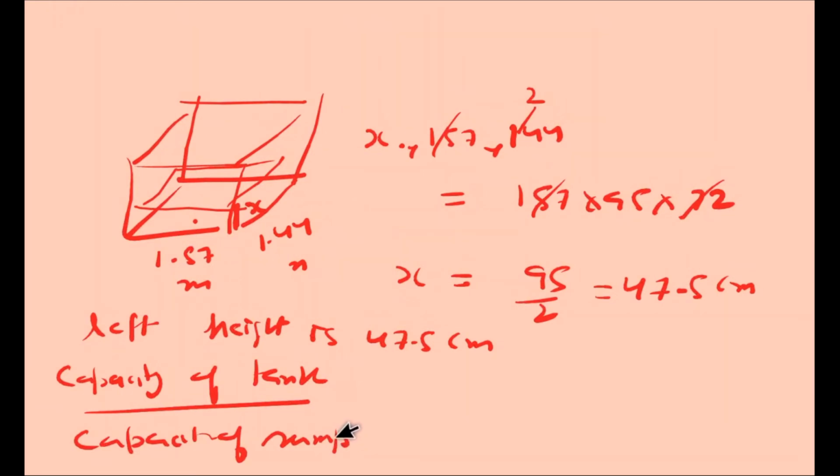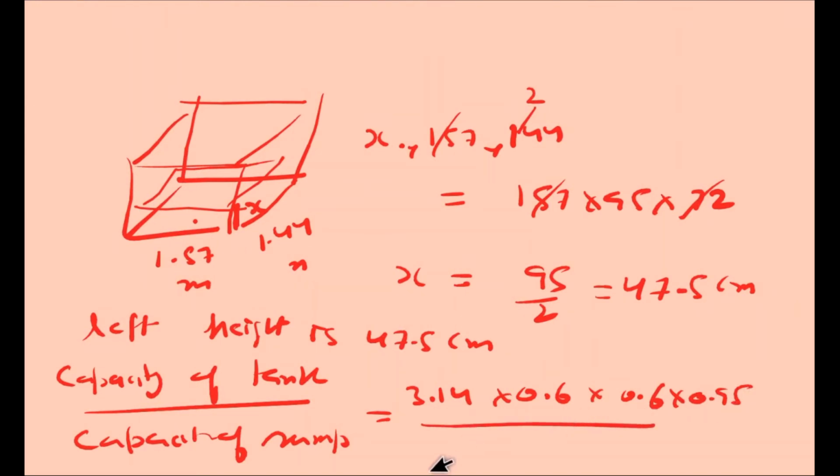Sump is in cuboid shape, and this is 3.14 into 0.6 into 0.6 into 0.95 meter upon, since we are talking in meter, 1.57 into 1.44 into 0.95 meter. You can cancel out and you can see the ratio is 1:2. So this will be your answer.